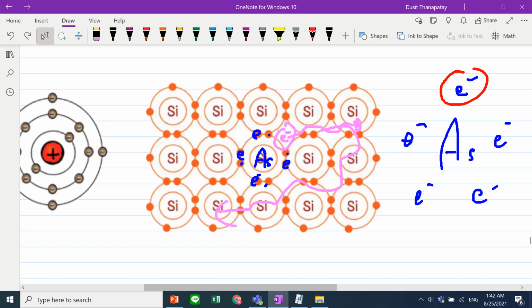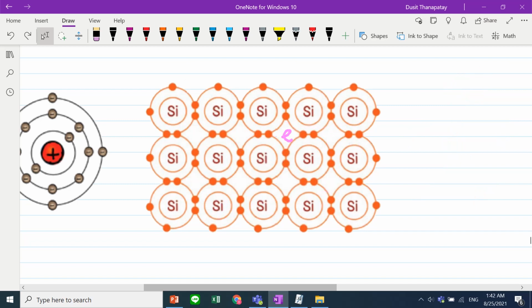After this electron goes to another place, at here is arsenide, right? At here it then lost one negative charge. But this cannot move to any place because it still does covalent bonding, right? It is fixed at this position. The atom that lost a negative charge then becomes a positive ion.